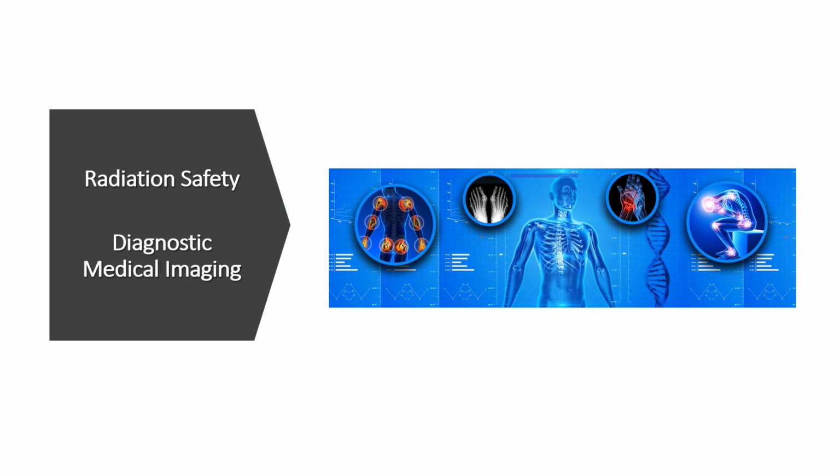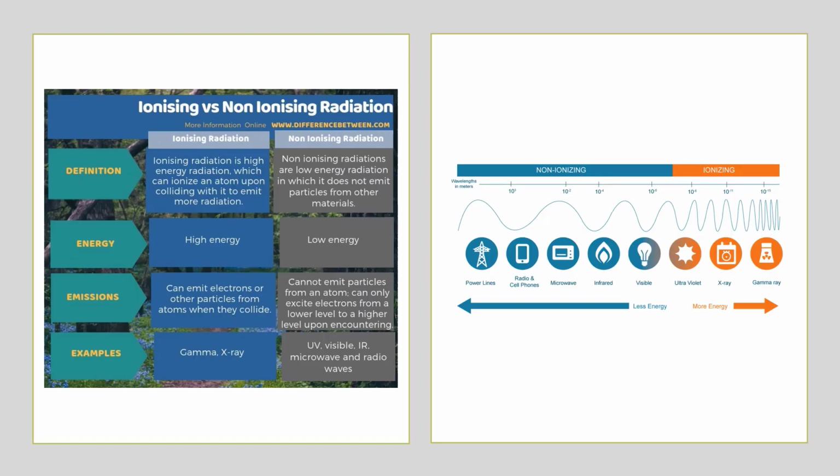We'll now concentrate on radiation safety from the perspective of diagnostic medical imaging. Medical imaging can use radiation to create medical images. Radiation can be divided into two categories: ionizing radiation and non-ionizing radiation. When we look at this, we think of radiation as being energy.